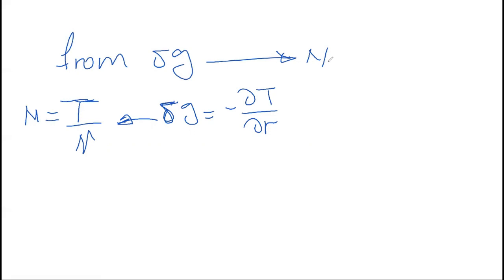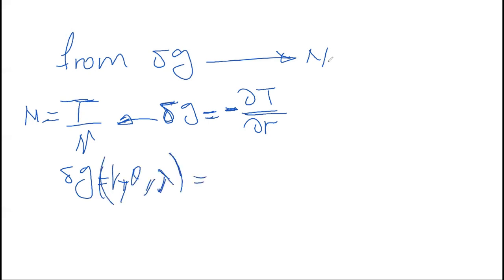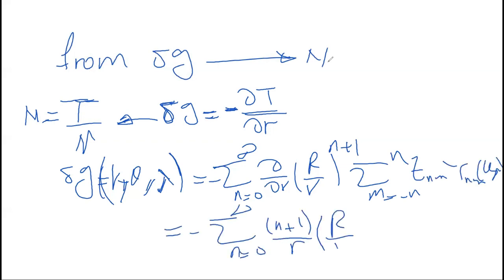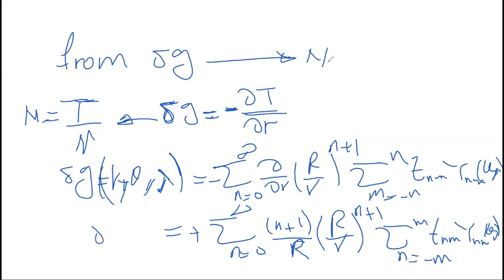So how can I do that? That's quite simple. T we have, the spherical harmonic of T, we have T there. Then if I write this delta g, for example, T is here. We write the relation for that. Let me see, delta g. So this is the spherical harmonic expansion of the gravity disturbance.